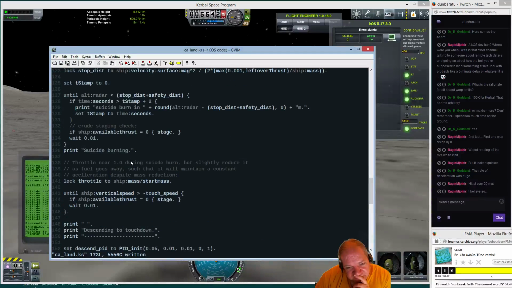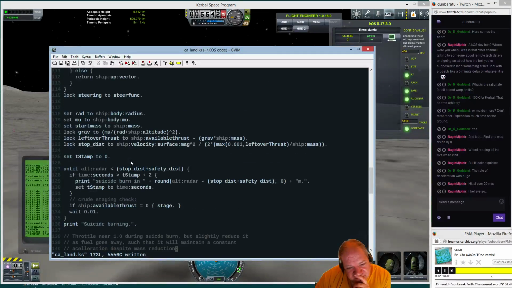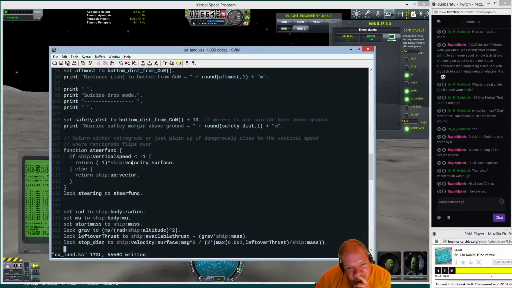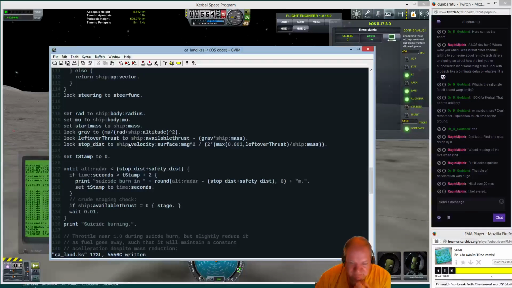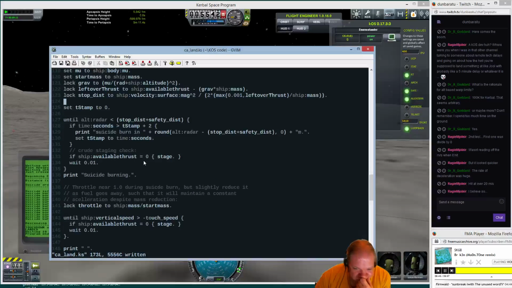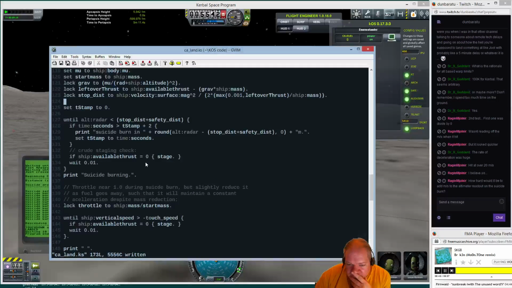Where does it pick the start mass? Here, okay. I wonder what would happen if I staged. Would that break this start mass logic, I wonder?